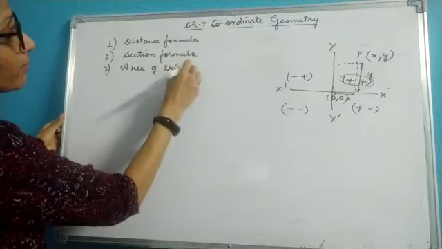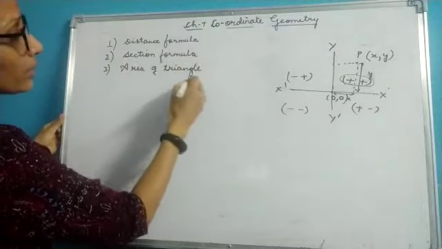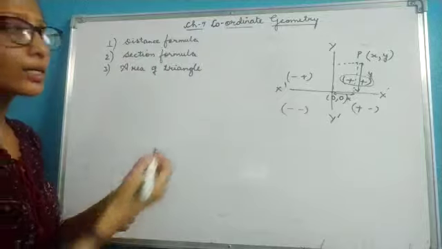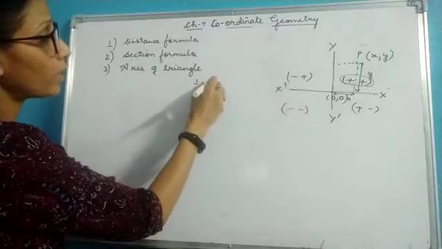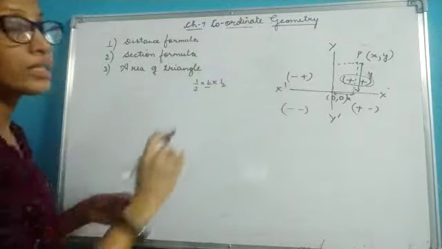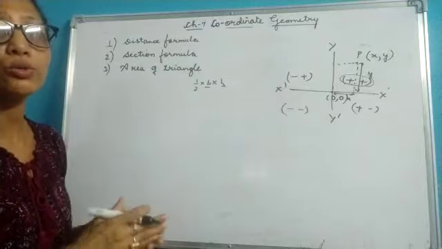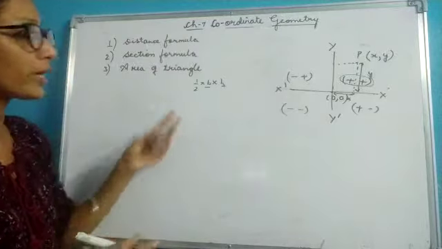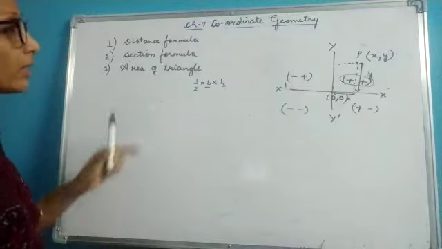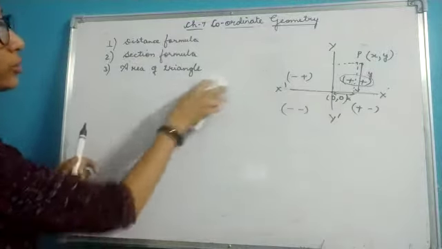Yes, of course you have read in your lower classes that the area of a right angle triangle is half base into height. But if base and height are not given to you and if the coordinates of the vertices are given to you, then how can you find out the area of the triangle?